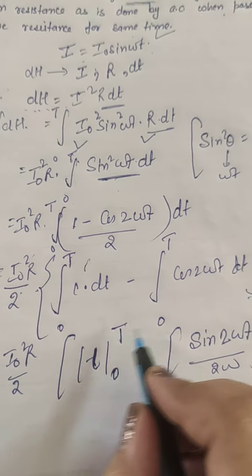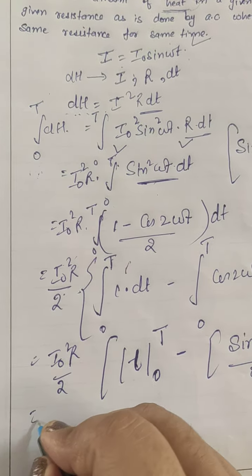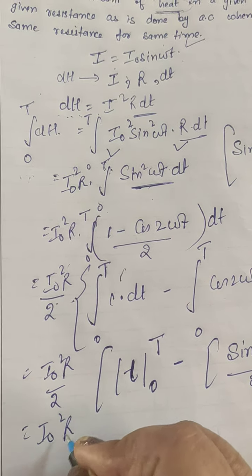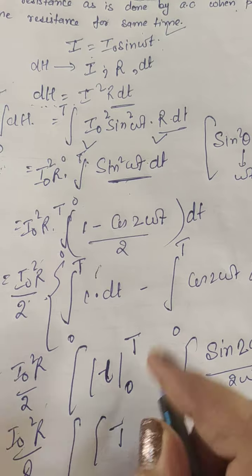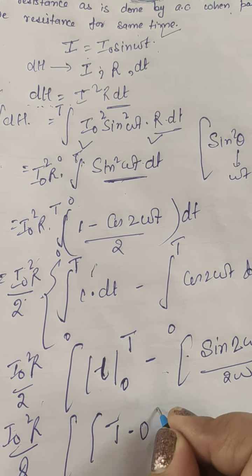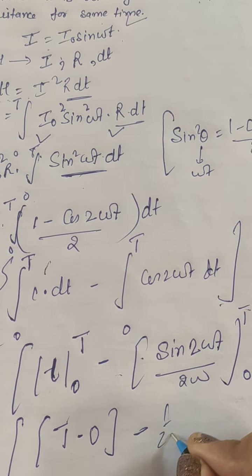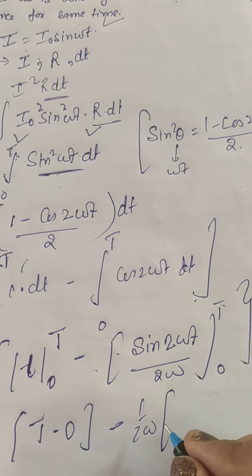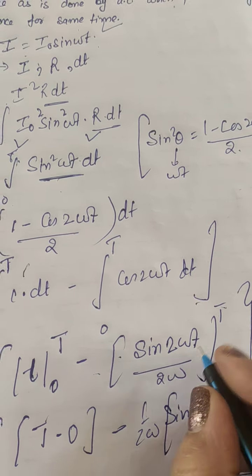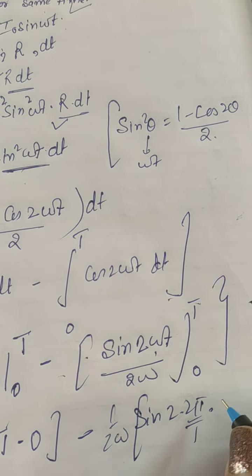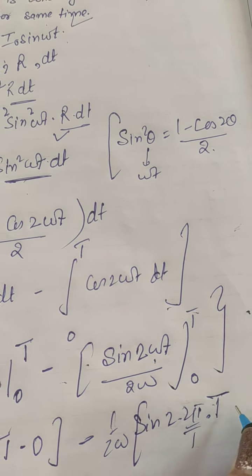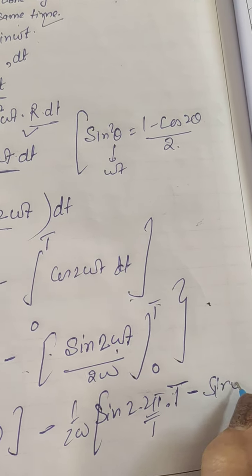Now using the rule upper limit minus lower limit, we write I naught square R by 2 times T minus 0, minus 1 by 2 omega taken out, sine of 2, instead of omega we write 2 pi by T, into upper limit capital T, minus sine of 0.